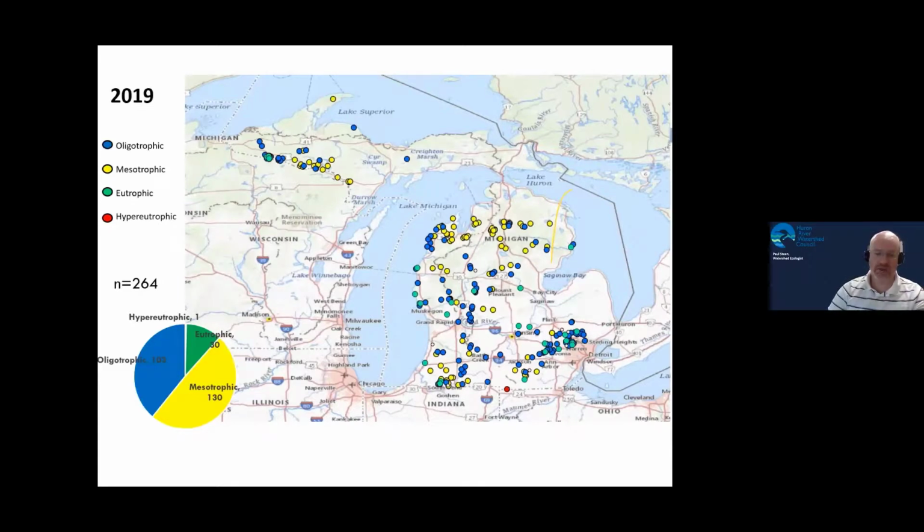And we have a slight majority of them that are mesotrophic. And then we have about 100 lakes oligotrophic, about 30 eutrophic, and one lake is hypereutrophic, meaning it's at that really high nutrient level that's starting to even get a little dangerous in terms of possible oxygen depletion and fish kills.